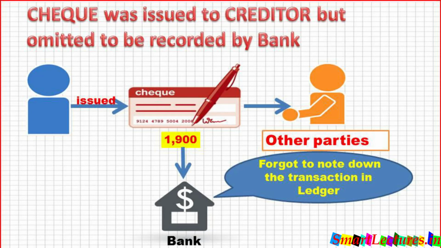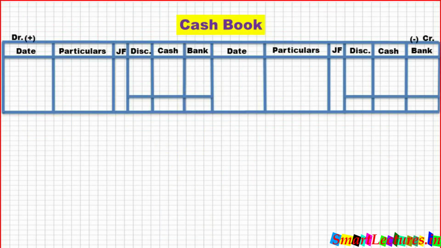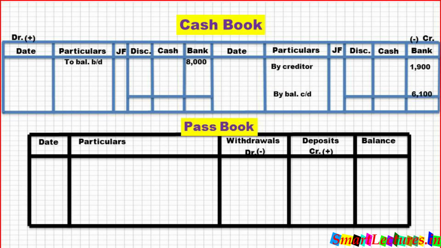This was a mistake by the bank. The cash book shows opening balance 8000, by creditor 1900, balance 6100, and the passbook shows opening balance 8000 and closing balance still 8000. This was due to a mistake made by the bank.